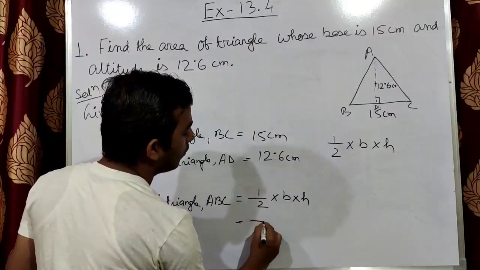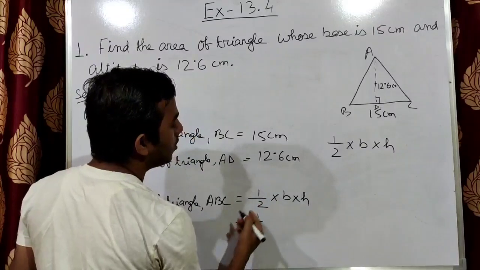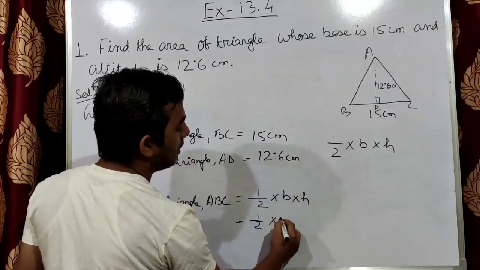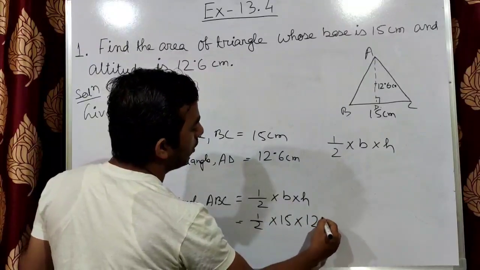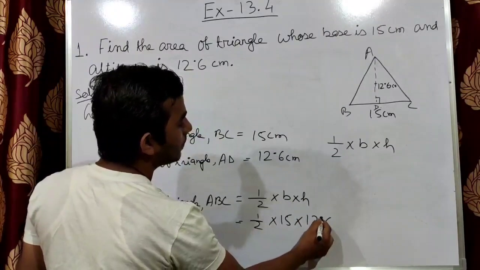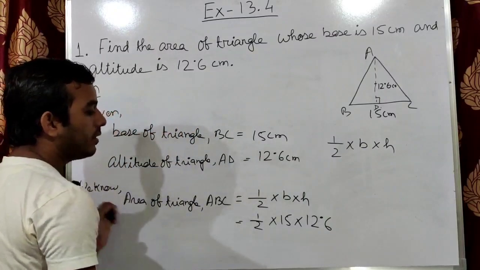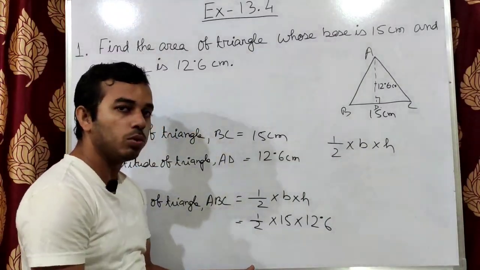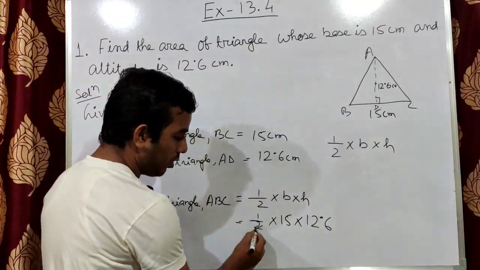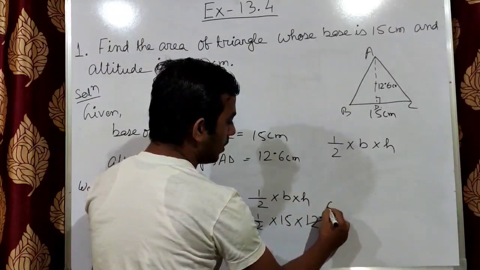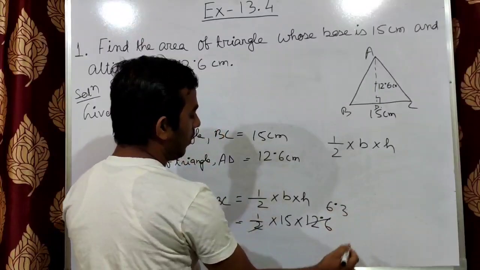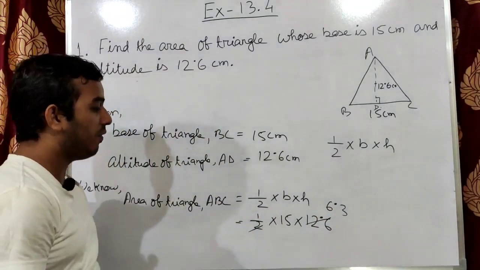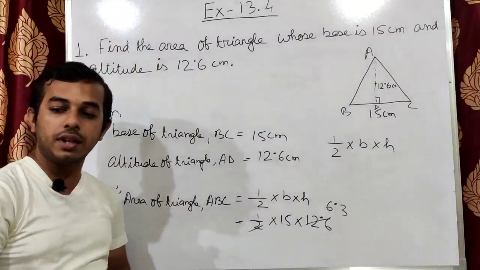In place of half we will write 1/2, in place of base it is 15, and in place of height we will write 12.6. Now we can cancel 12.6 with 2. So 2 into 6.3 is 12.6. So our next line will be 15 into 6.3.